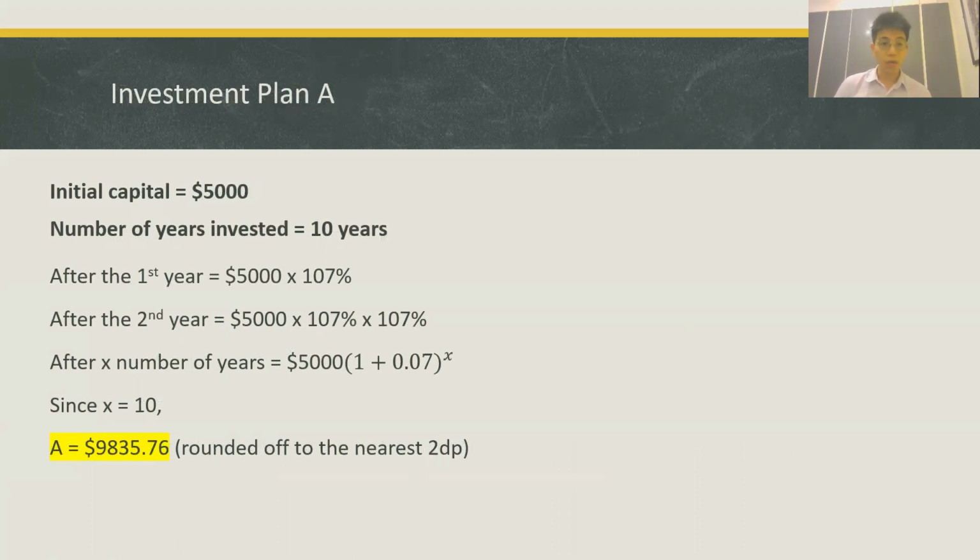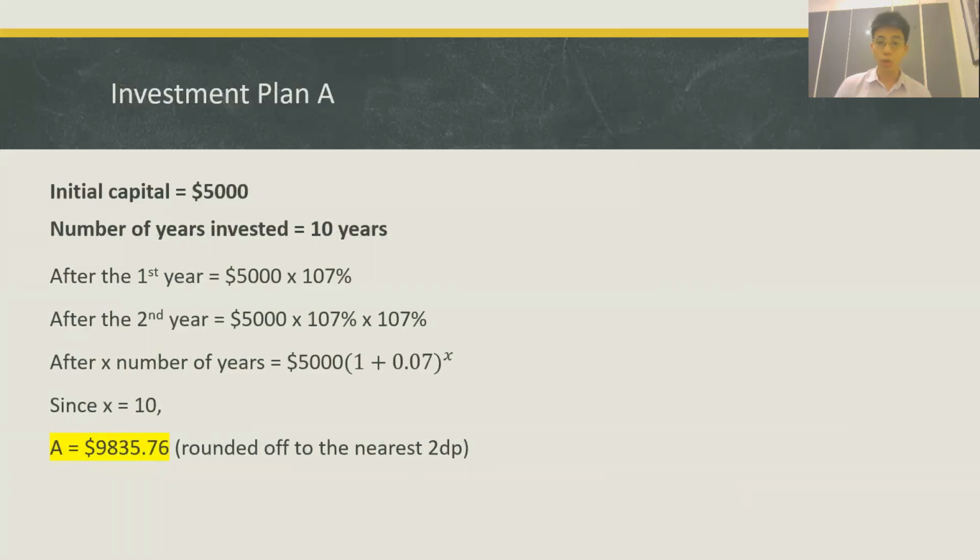For the first year, he will receive a 7% interest rate that's compounded. This means there will be 7% interest on the $5,000 on top of the $5,000 that he's leaving inside the investment plan. When you add the 100%, which is $5,000, and the 7% of the $5,000, the total will be 107%, which you will have after the first year.